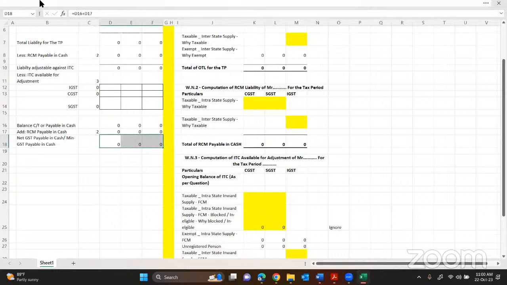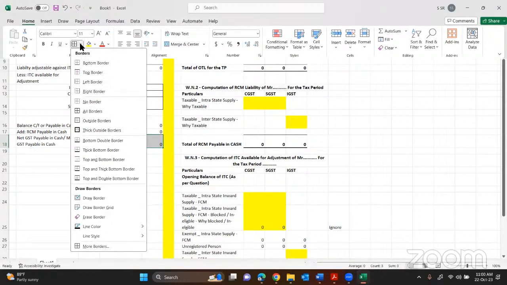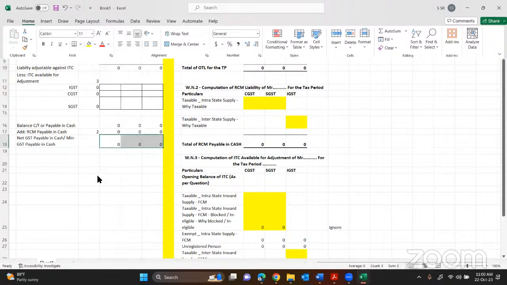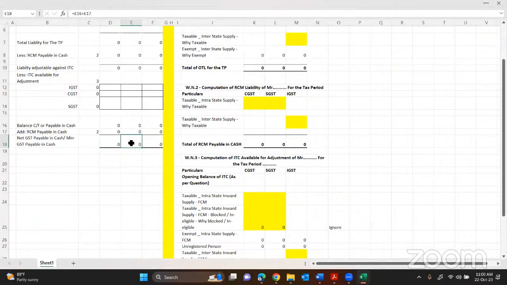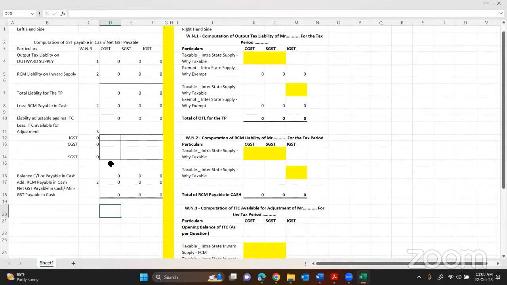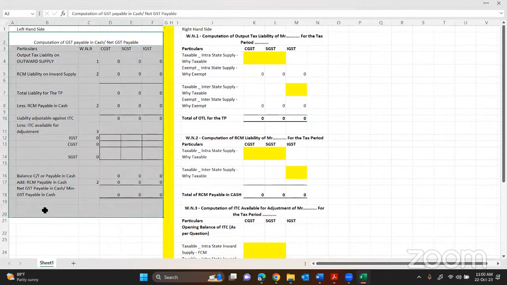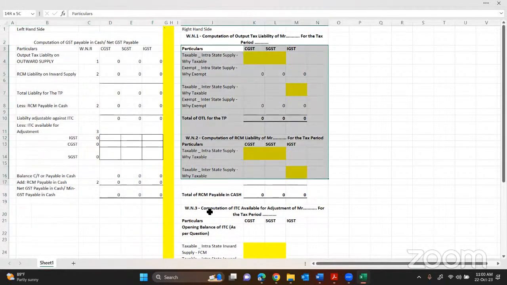And now you can bring the double line so that this will be the end of the discussion. Appreciate this is the format which you have to follow. This should be the main answer and this should be the working notes. Only if you present in this manner will you be able to score in this area.